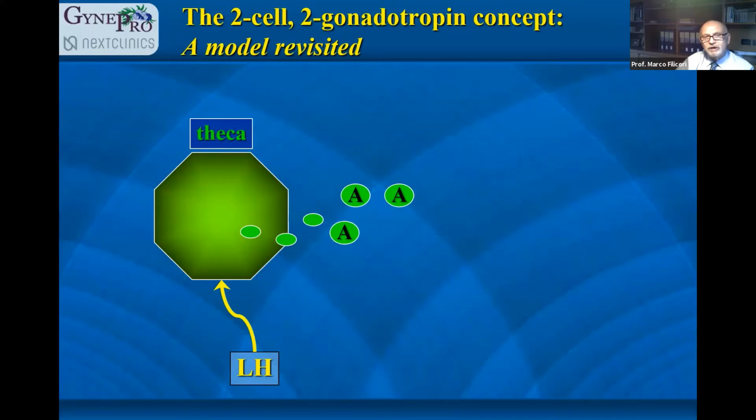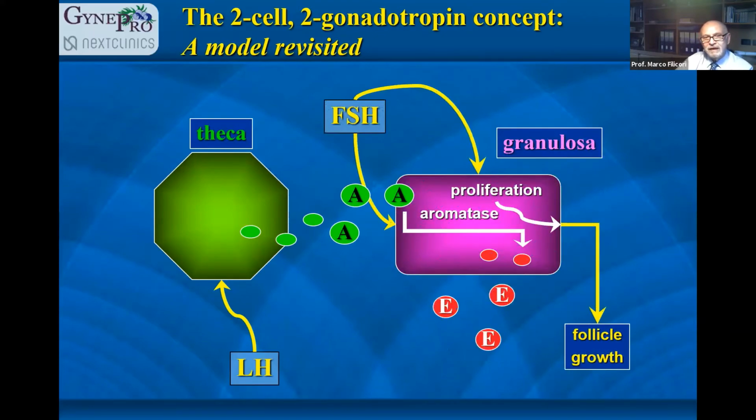Now, we all studied in medical school that the ovary, the follicles, is regulated by the two-cell, two-gonadotropin concept, which means that theca cells are stimulated by LH and produce androgens. Then androgens are transferred into granulosa cells, where under the action of FSH, androgens are transformed into estrogens, and FSH, of course, also induces the development and proliferation of granulosa cells.